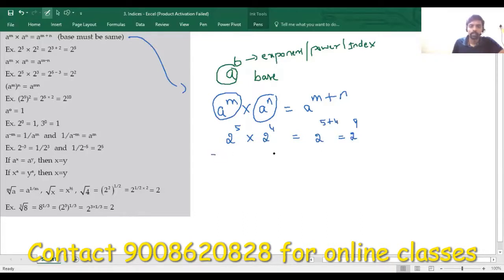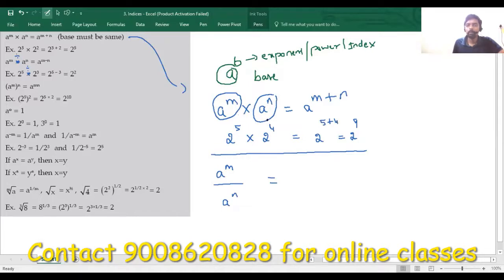Okay, so now let us go to the second law of indices. It's typing error, guys. This should be division sign. A power m divided by a to the power n. So in case of multiplication sign, we will add the exponents, right?